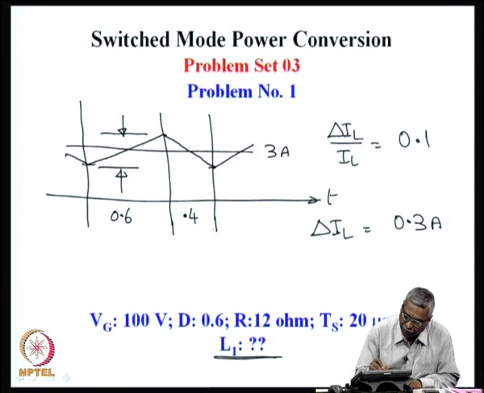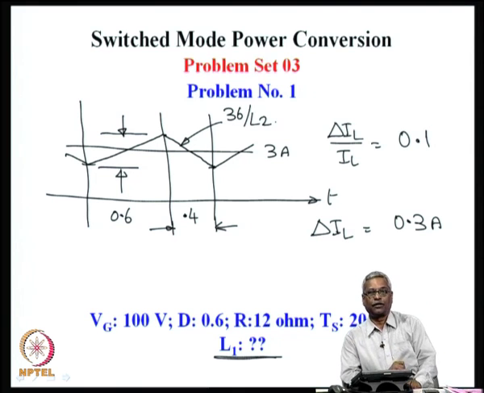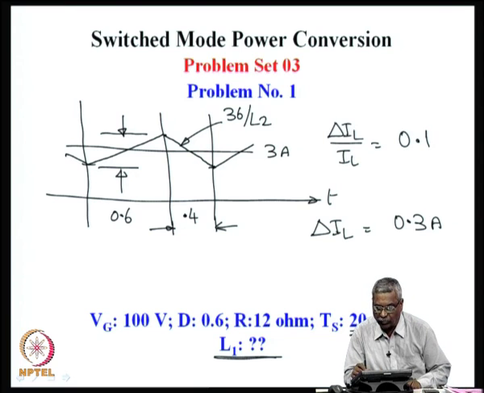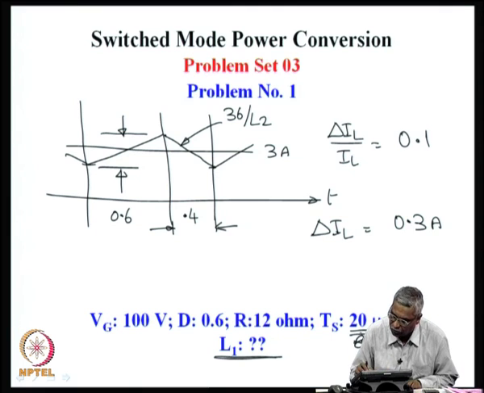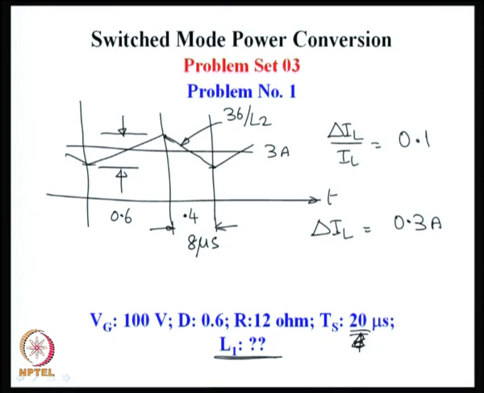And this off period is when the inductor has a di by dt of output voltage V naught divided by L2, 36 by L2, and this off duration is 20 microsecond multiplied by 0.4, which is 8 microsecond. So, in this triangle, the slope is 36 by L2, duration is 8 microsecond, and this di by dt into time is delta I, which is 0.3 amperes.